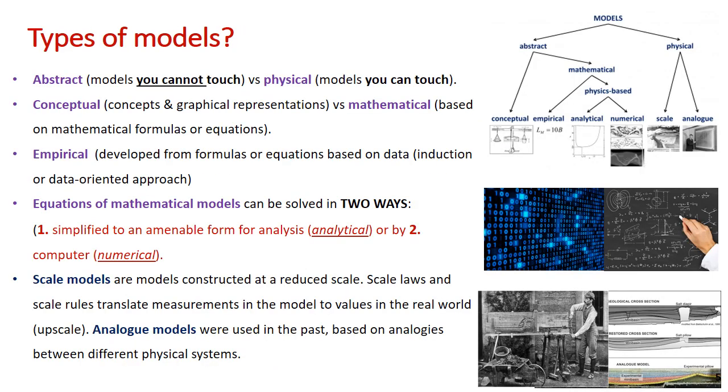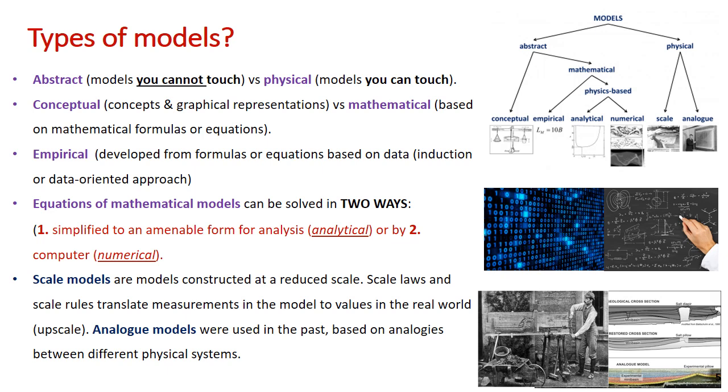When we talk about types of models, we would see that they consist of 2 different types: abstract and physical models. If we start talking about the abstract models, they are basically models that you cannot touch. Why? Because they are either equations or graphical representations.